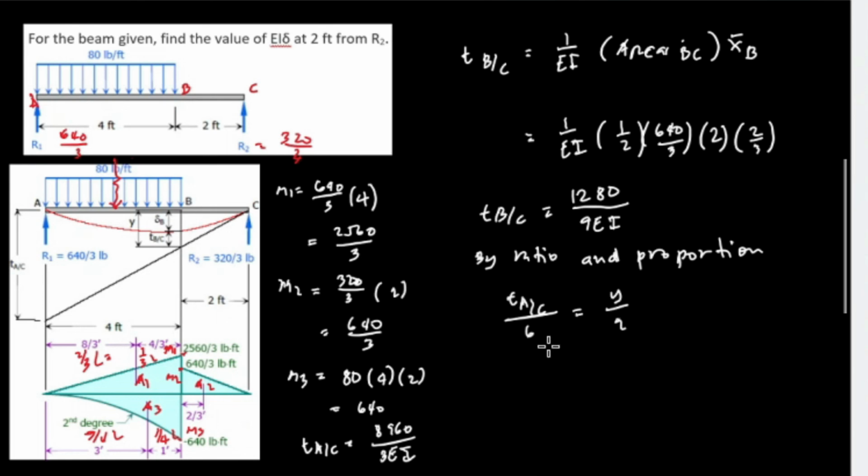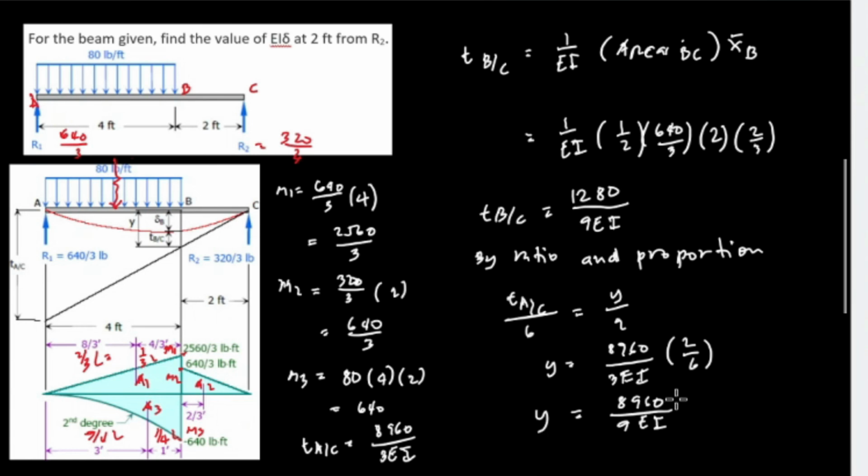Substitute the value for T of AC, that's 8960 all over 3 EI, and Y is equal to 8960 all over 3 EI times 2 over 6, and Y is equal to 8960 all over 9 EI, and that's Y.